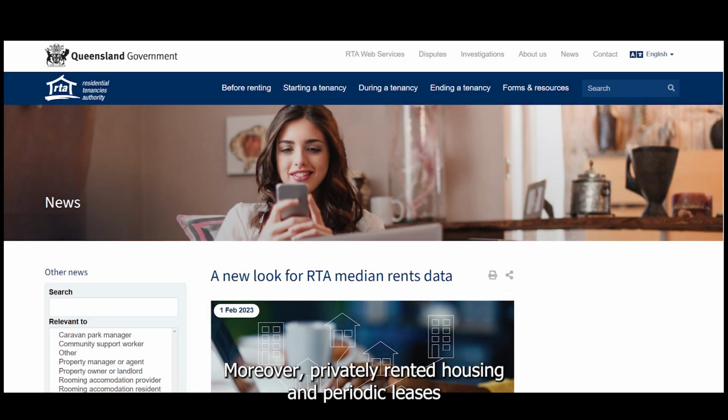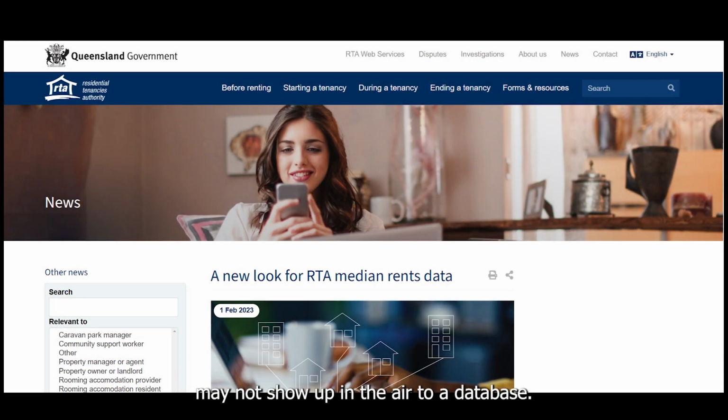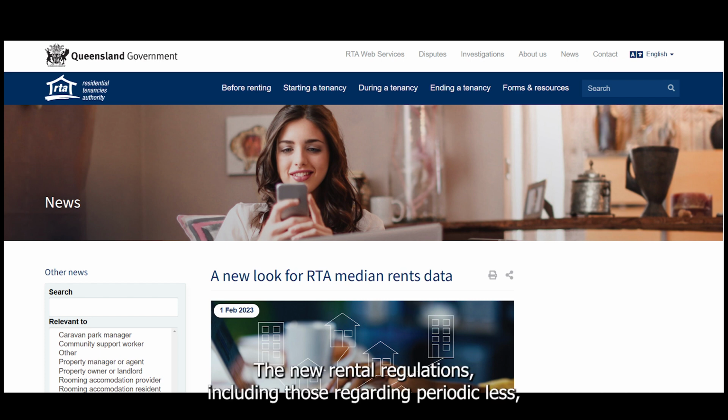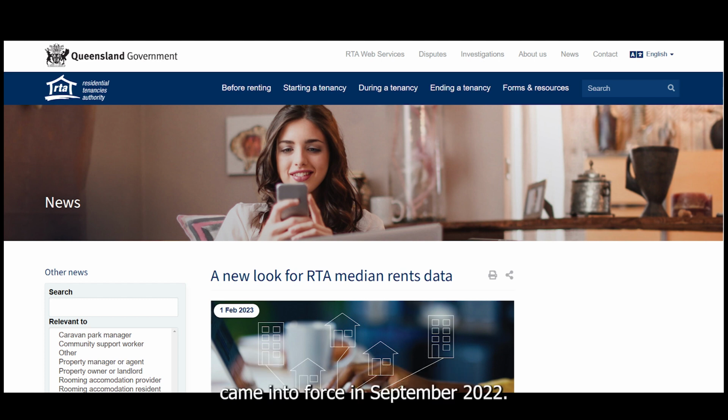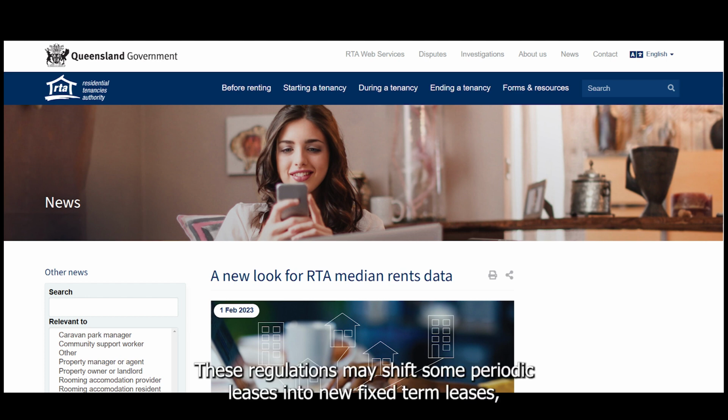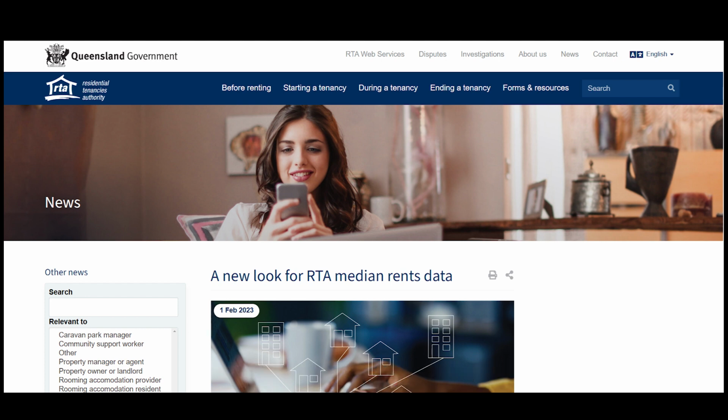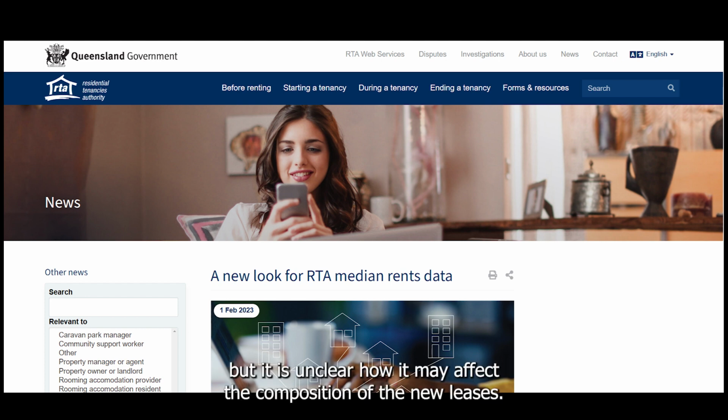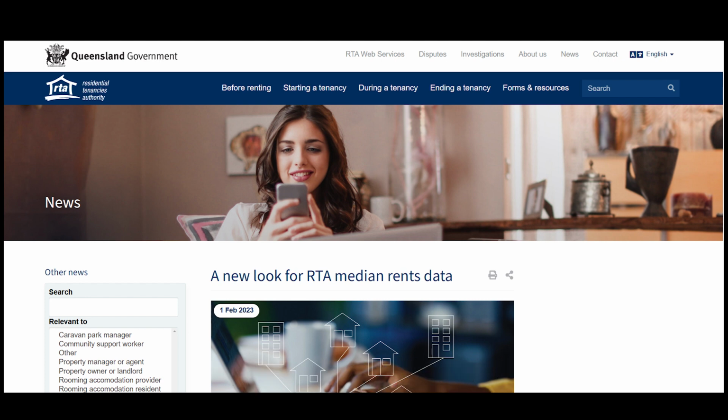Moreover, privately rented housing and periodic leases may not show up in the RTA database. The new rental regulations, including those regarding periodic leases, came into force in September 2022. These regulations may shift some periodic leases into new fixed-term leases, but it is unclear how it may affect the composition of the new leases.